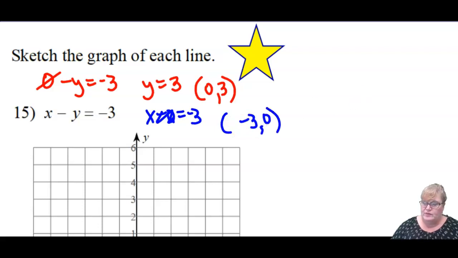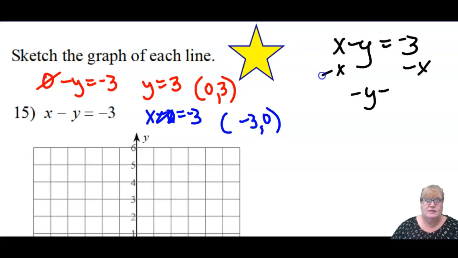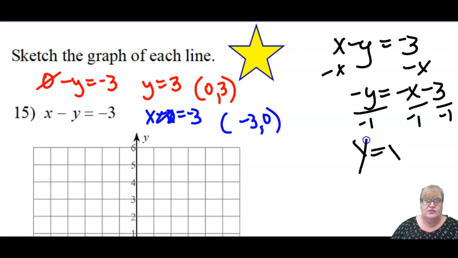Sorry, I almost wrote that in the wrong spot. If you wanted to do the other method, this one you just got to be a little careful. You'd subtract x, and then you'd have to divide everything by -1, or change all the signs, so you get y equals x plus 3. So (0, 3) here is up here.